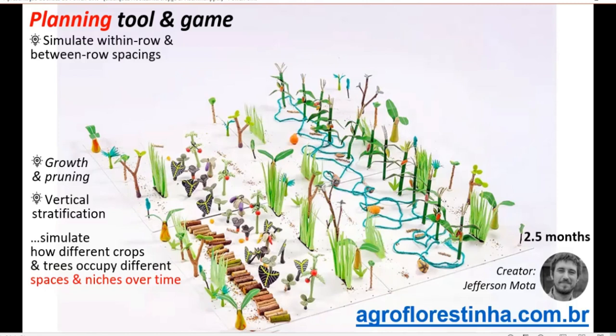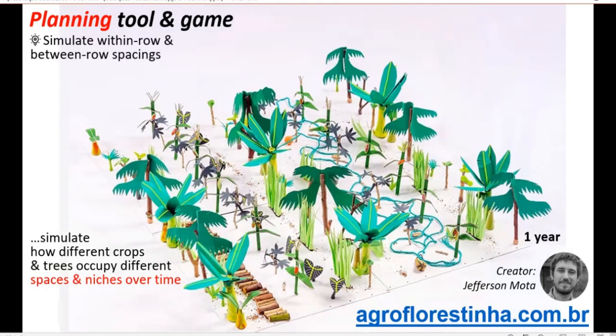different crops and trees occupy different niches in space and time. So we can simulate within row and between row spacings. We can simulate growth and pruning. So we can take back the canopy with magnets that are detachable and then grow again. And then different species and functional groups occupy different spaces.